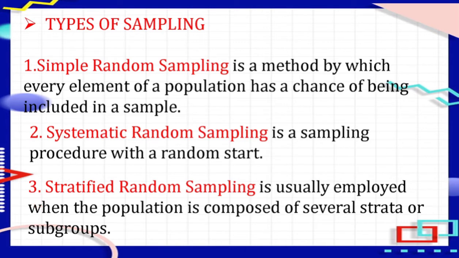Number 3 is stratified random sampling. So, ganito yan. From its word stratified, it is usually employed when the population is composed of several strata or subgroups. Halimbawa, gagawa ka ng study about the favorite subject of high school at ang isang junior high school ay may 4 na grade level.